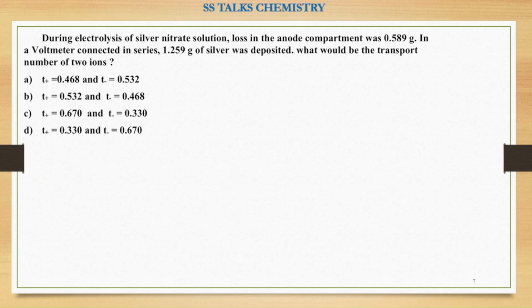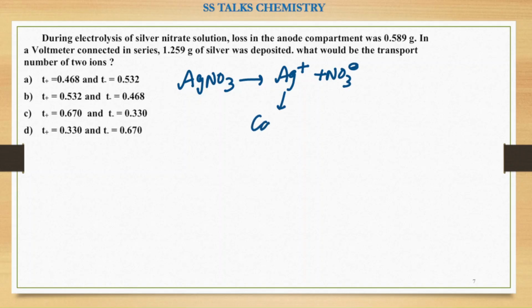Okay. So for this, you see we have AgNO3. In this, the current is being passed, which means it is going to facilitate the ions, Ag positive and the nitrate ions. So cations are going to move towards the cathode, and the anions will be moving towards the anode.